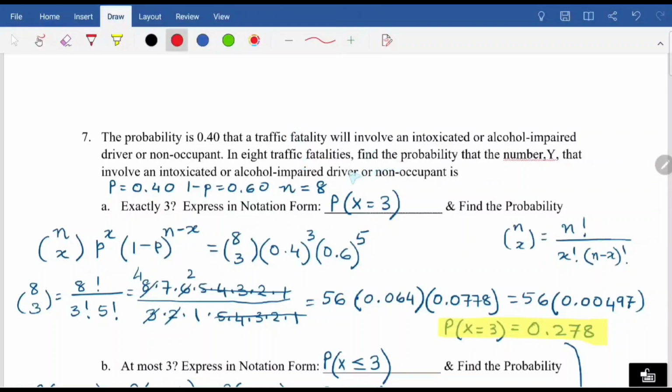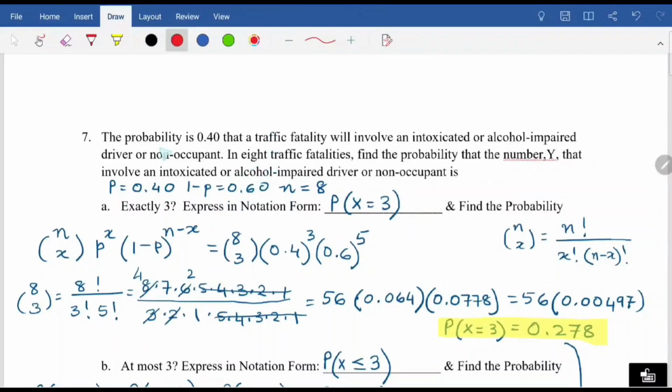What are we looking for here? It says find the probability that the number y that involve an intoxicated or alcohol impaired driver. So we are looking to find an intoxicated driver that caused a fatal accident, or that may or may not have caused a fatal accident.